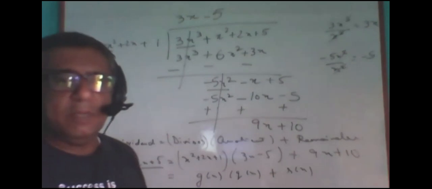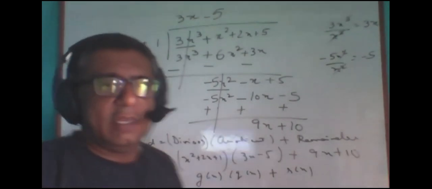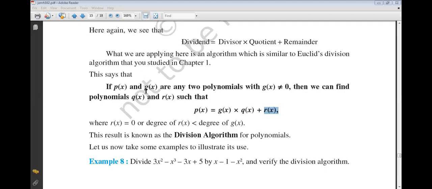As per your text, this is the relationship: if p(x) and g(x) are any two polynomials with g(x) not equal to 0, then we find polynomials q(x) and r(x) such that p(x) is equal to g(x) into q(x) plus r(x). This result is known as the division algorithm for polynomials.